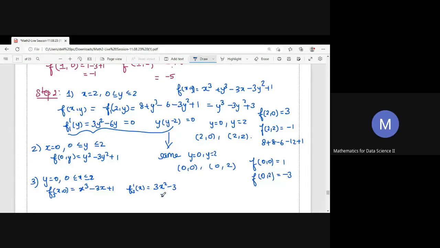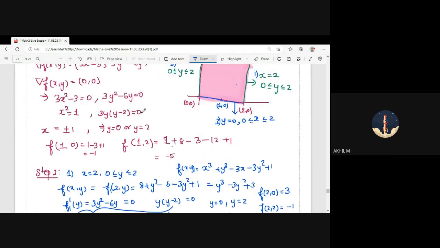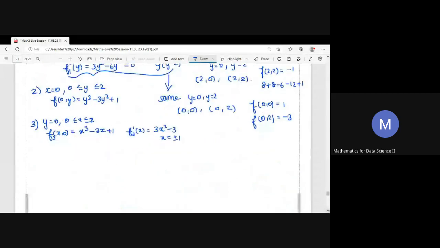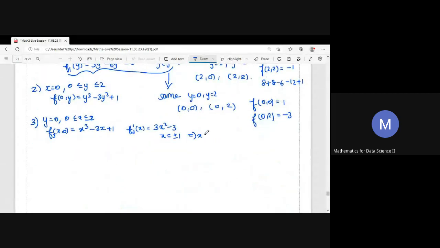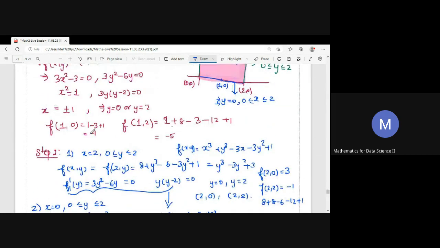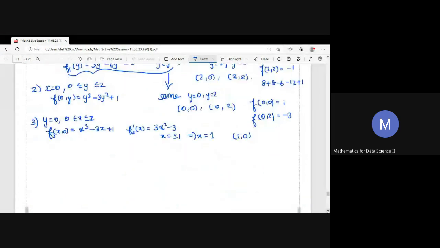Again here you get x is equal to plus or minus 1. This case we have already considered. 1 comma 0 is already considered, so we don't have to evaluate it again. F of 1 comma 0 is minus 1, already evaluated.